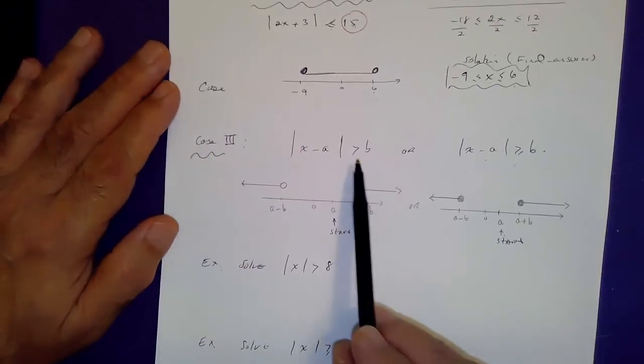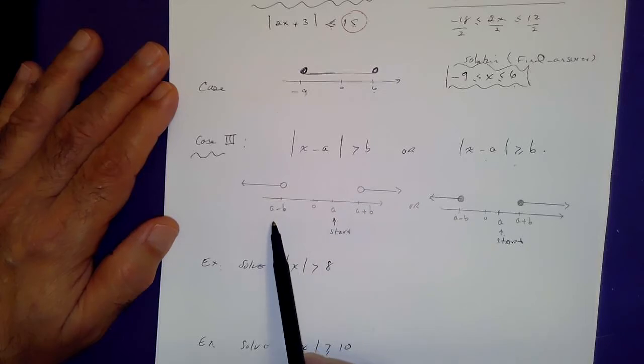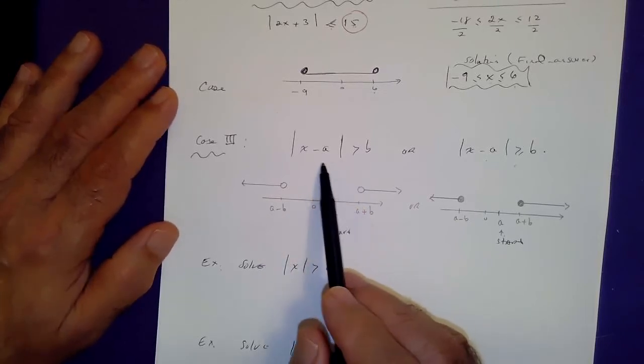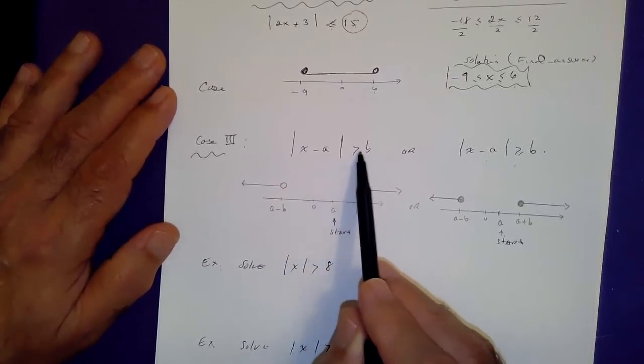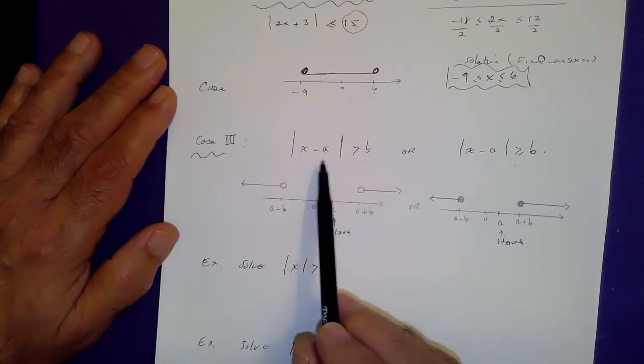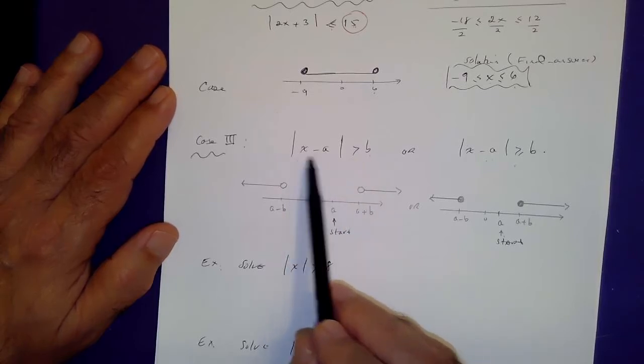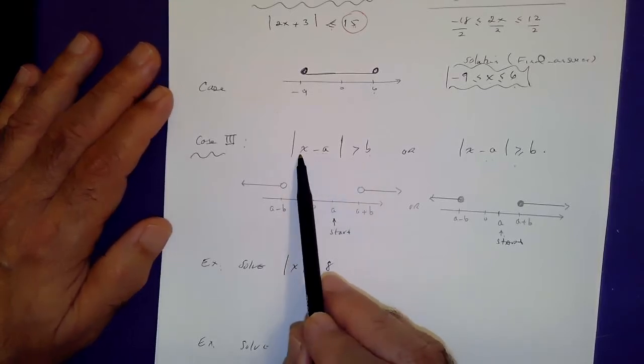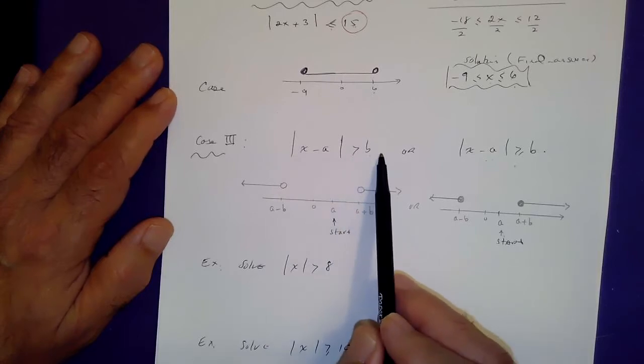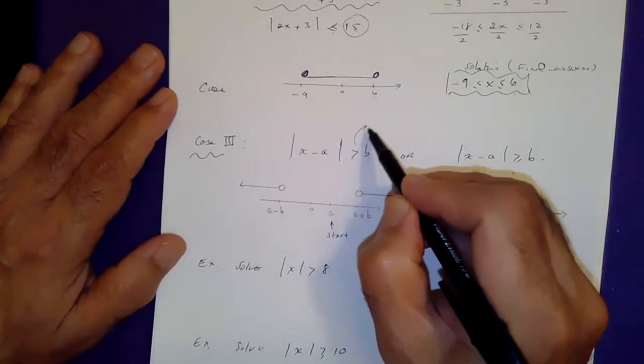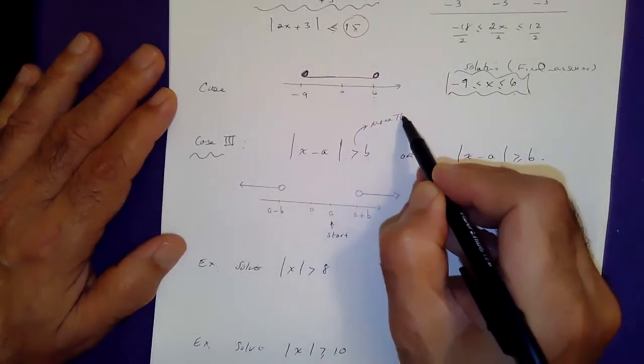Just like before, you add b and subtract b. But remember, this reads absolute value of x minus a is greater than b. That means the distance between a and a number is more than b. So remember, greater means more than.